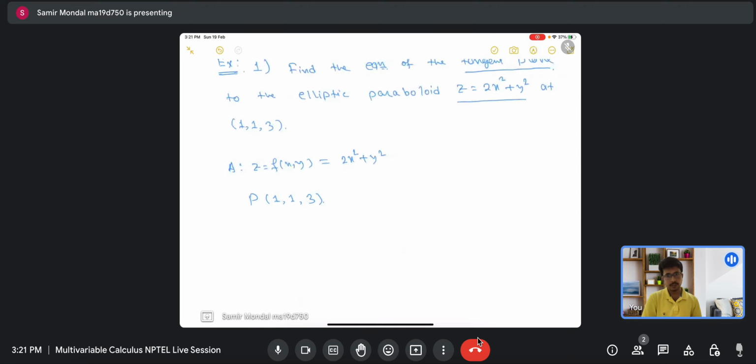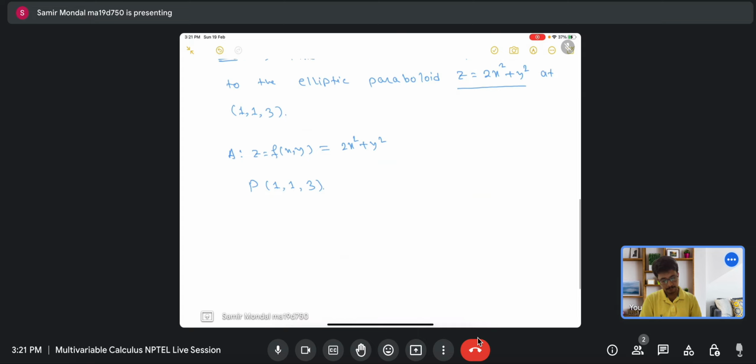What is your z here? z minus c is z minus 3, equal to f_x at (1, 1) times (x minus 1) plus f_y at (1, 1) times (y minus 1).